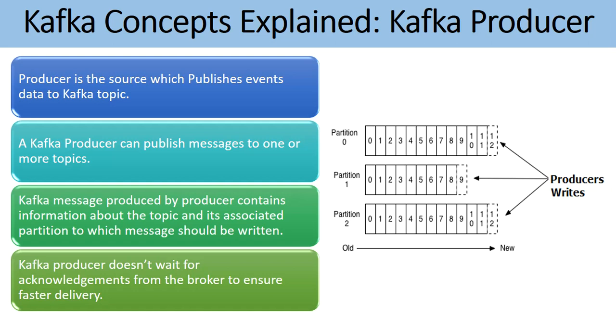As I stated before, topics are subcategorized into partitions, and a single topic can have multiple partitions. So, whenever a message is produced and published by a producer, it does contain the information about which particular topic and which particular partition this message should go to.